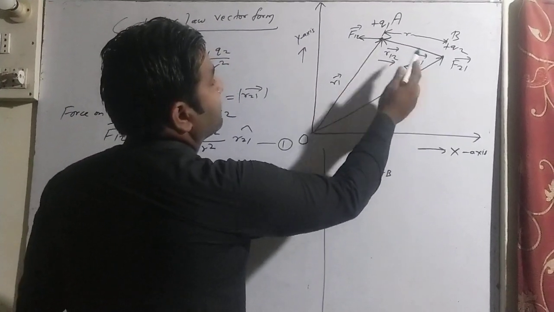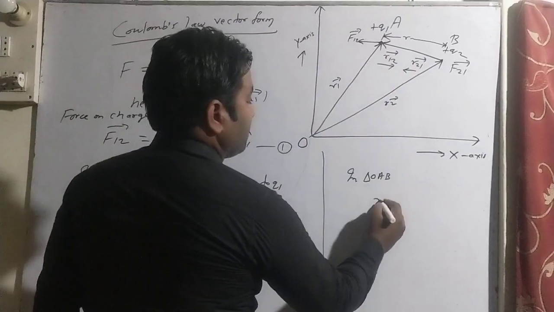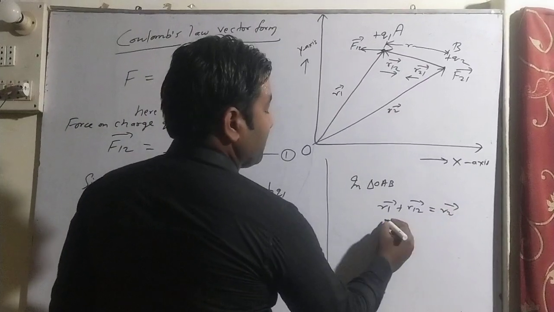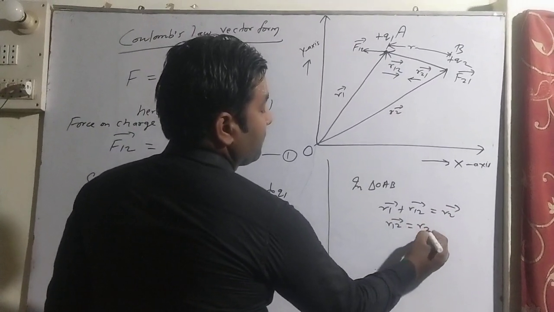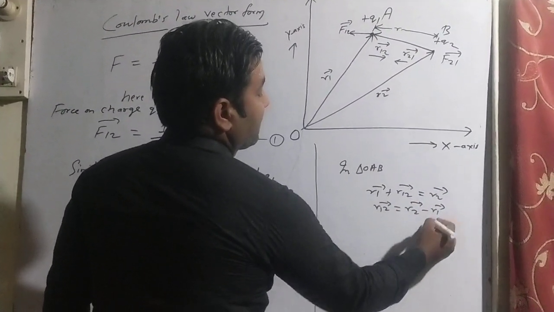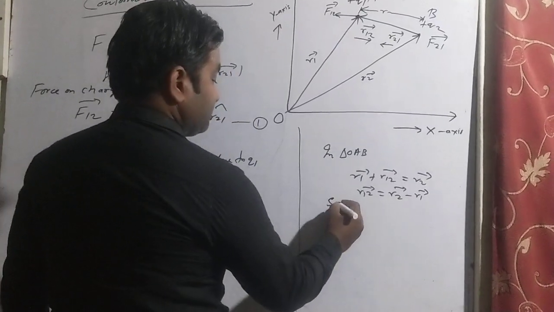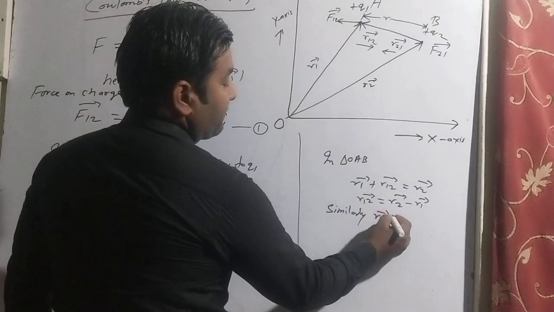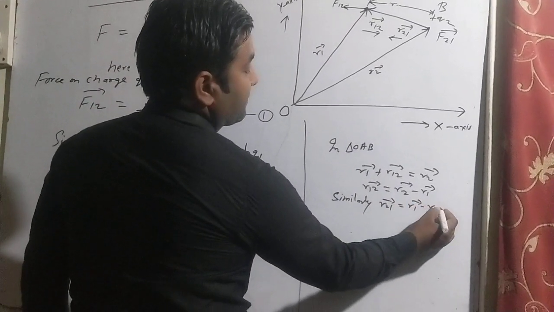R1 plus R12 is equal to R2, so R12 is equal to R2 minus R1. Similarly, R21 vector is equal to R1 minus R2.